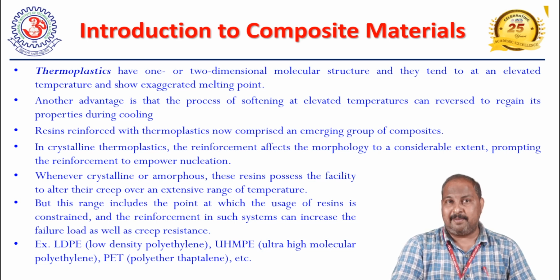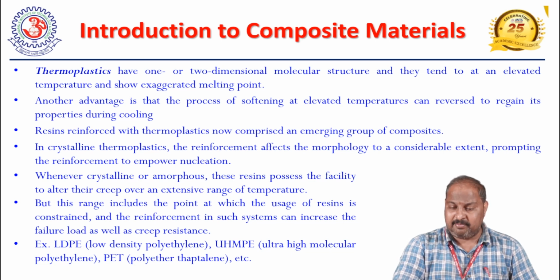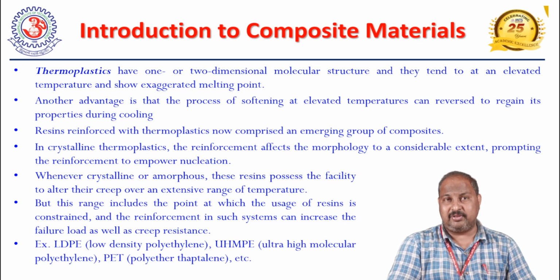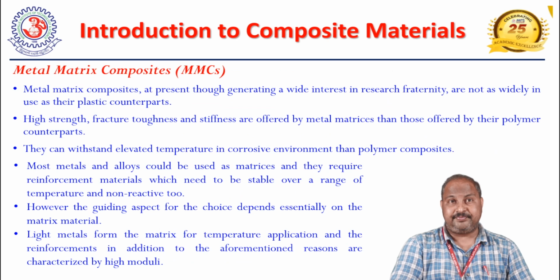Some examples of thermoplastic matrix materials include LDPE, low density polyethylene, UHMWPE, ultra high molecular weight polyethylene, and PET, polyethylene terephthalate. There are many more, like PS or PEK. This is about the thermoplastic matrix.